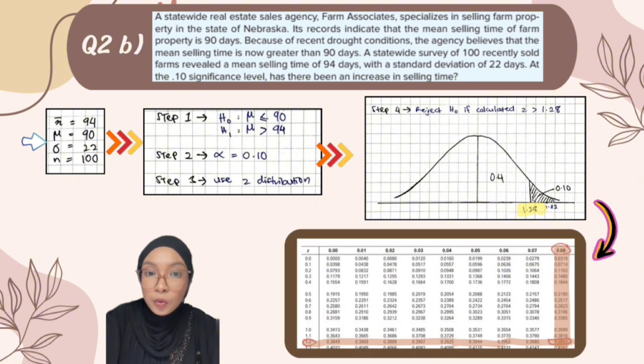How to get 1.28 is, first of all, we have to deduct 0.10 from 0.5 and we get 0.4. Next, look at the Z table and find the number that is close to 0.4 and we get 0.3997, and look at the row and the column of the number and that's how we got 1.28.